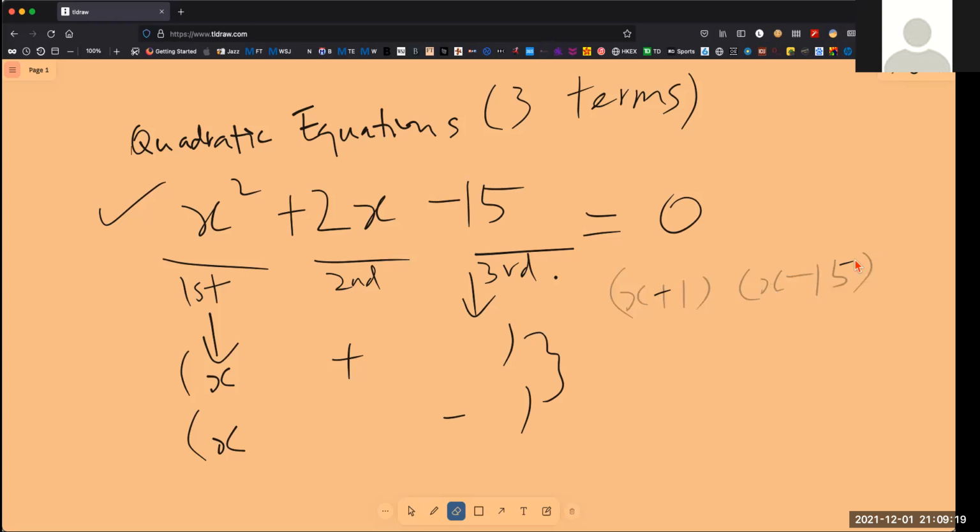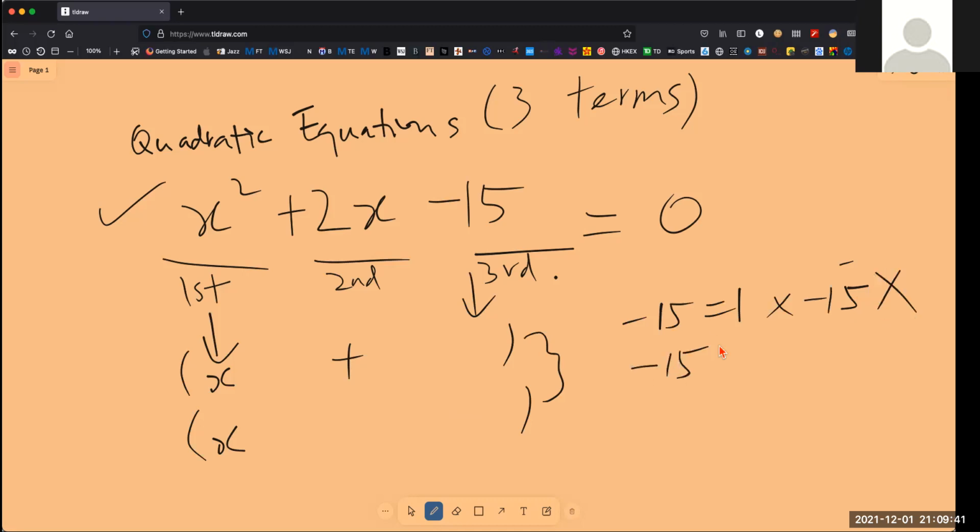Can you think of another combination that can give you plus 2? Plus 2: 4, 6, 8, 10. So for minus 15, you have chosen 1 times minus 15, and this combination does not work.